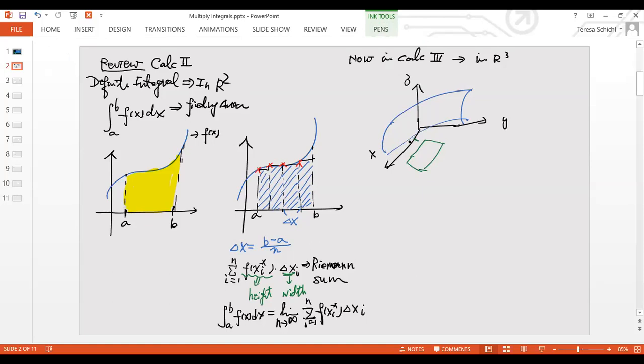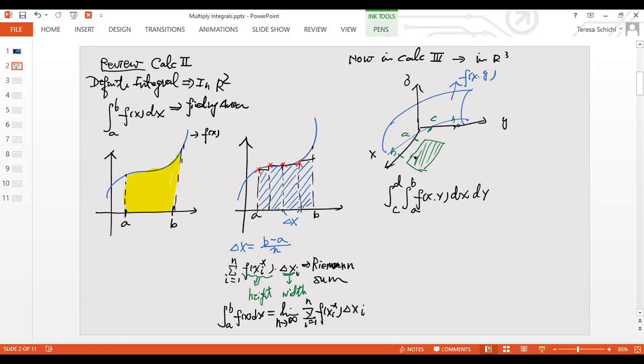That means x is from a to b, and y is from c to d. I'm integrating the function f of x, y over this region. So we have the integral of f of x, y dx dy, where x is from a to b and y is from c to d.